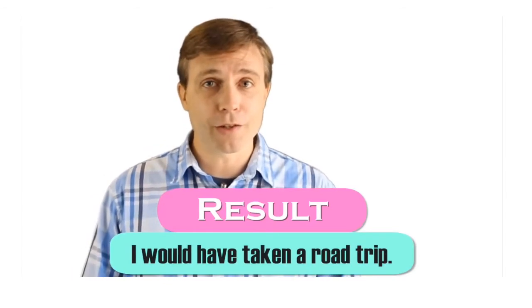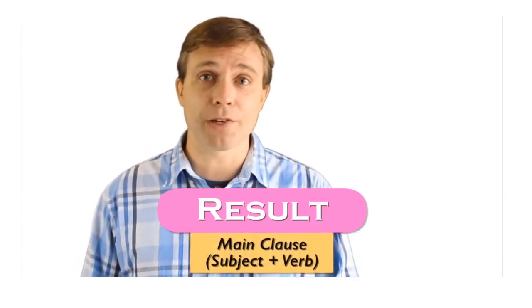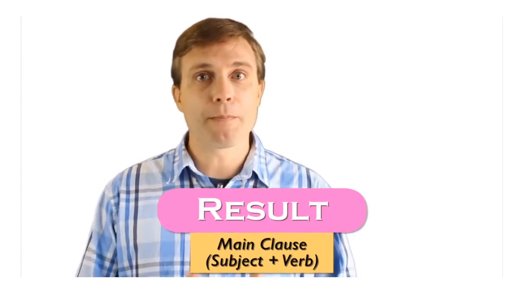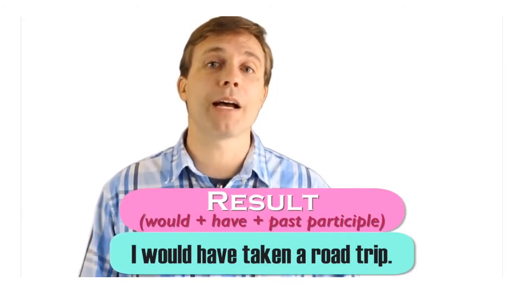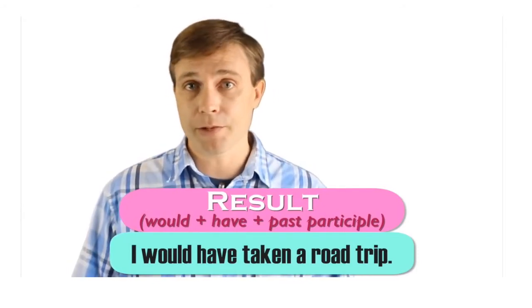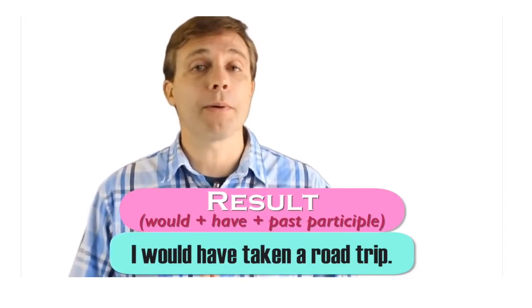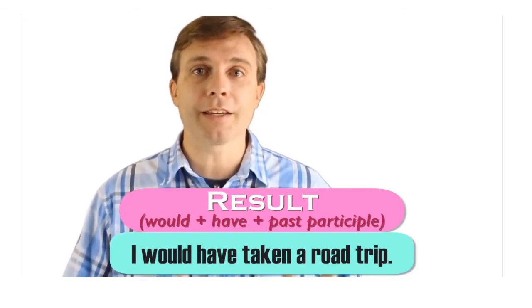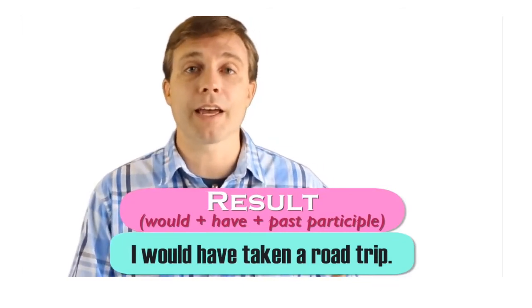Now pay attention to the grammar in this clause as well. It also has a subject and a verb, but the grammar that we're going to use is would plus have plus the past participle. Now my subject is I, and the verb is take, but the past participle of take is taken. So I would say, I would have taken a road trip.